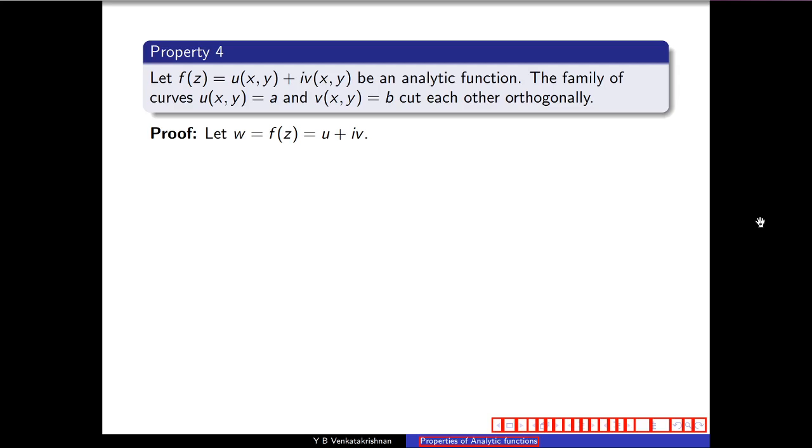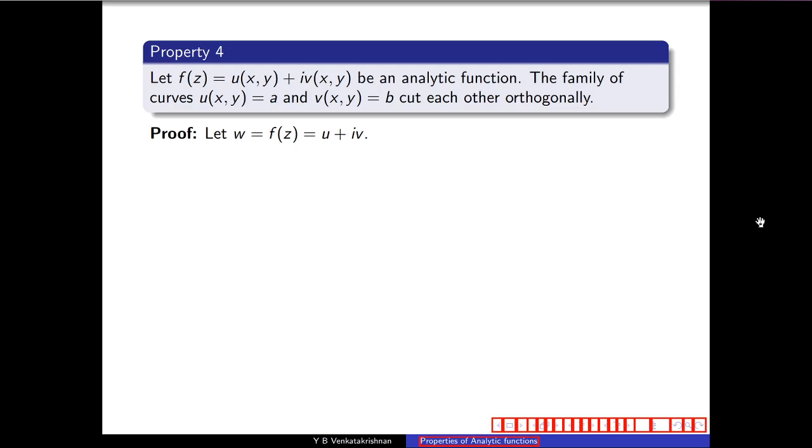So now we will be proving this mathematically, that is, the family of curves u of x comma y is equal to a, some constant, and v of x comma y is equal to b, again b a constant, the two families of curves cut each other orthogonally.